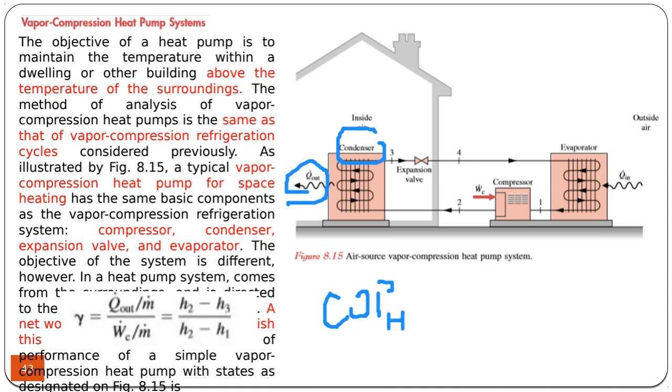COP of a heat pump is given by gamma. The refrigerator was shown with the beta.